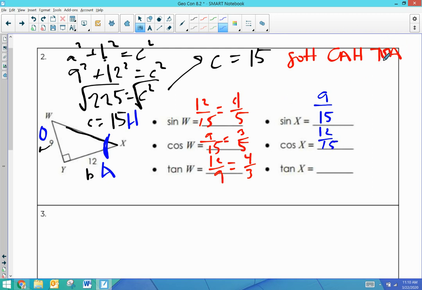And tan, TOA, opposite over adjacent, opposite 9 over adjacent 12. I already reduced 9/15 here. That was 3/5. I already reduced 12/15 here. That was 4/5. And the tangent of x, 9/12. I didn't reduce, but I did 12/9. So this is just going to be the reciprocal, 3/4.